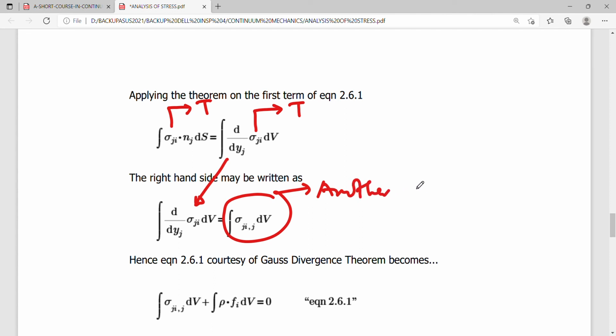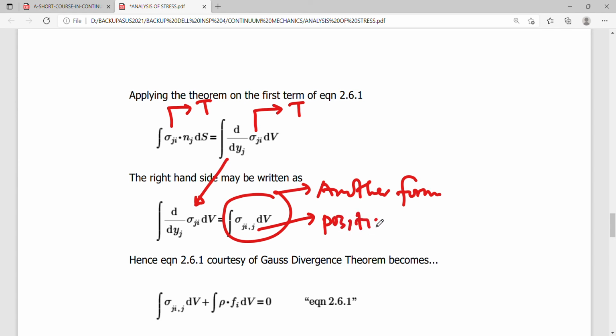Because in other references you might be seeing sigma ji comma j, which simply refers to the partial derivative or the derivative of sigma ji with respect to j or yj. Okay, so ji refers to the tensorial subscript, while j here refers to the position vector.